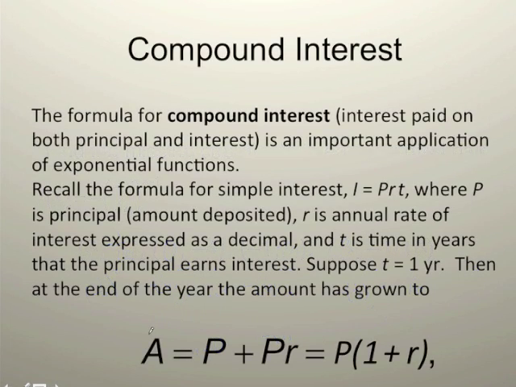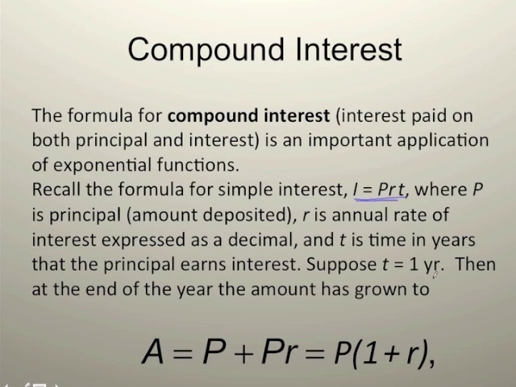We can solve. The formula for compound interest, interest paid on both principal and interest, is an important application of exponential functions. Recall the formula for simple interest, I equals PRT, where P is the principal, the amount deposited, R the annual rate of interest expressed as a decimal, and T the time in years. That the principal earns interest.